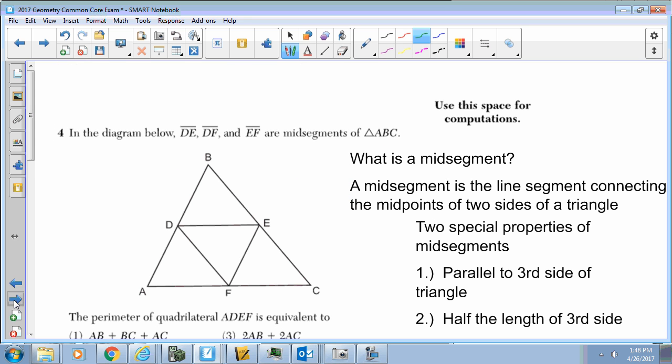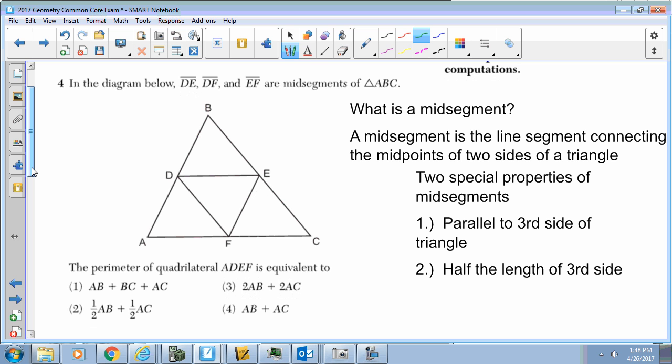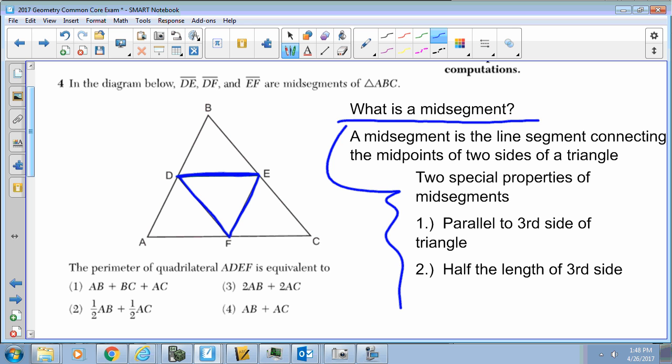All right, let's go to number 4. Now, it says in the diagram below, DE, DF, and EF are mid-segments. What is a mid-segment? Well, we talked about this, but you need to write this stuff down.